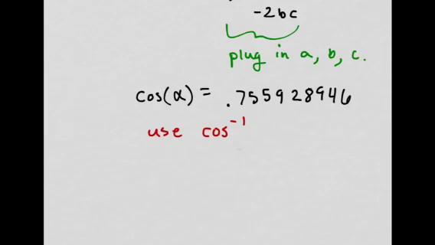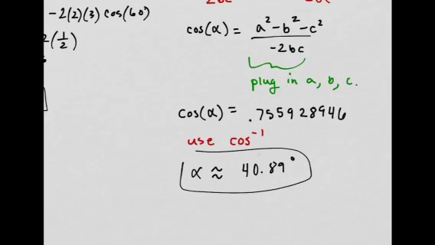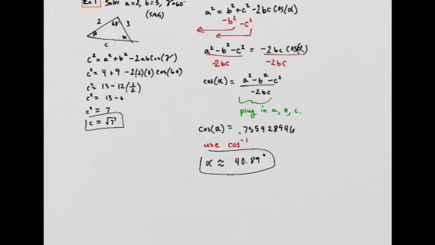That's to get alpha, and then alpha would be approximately 40.89 degrees. Okay, alright. So that's that part where I got 2 out of the 3 things that I need.